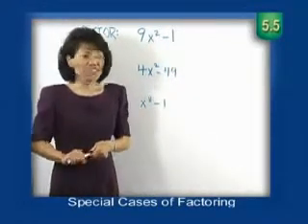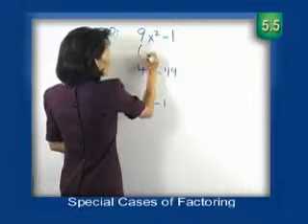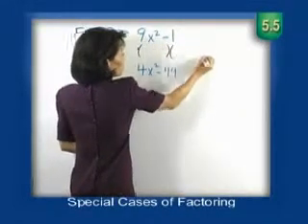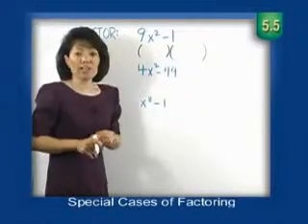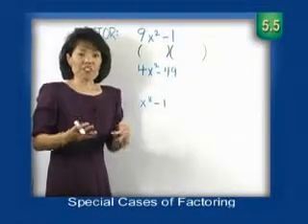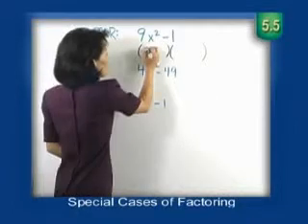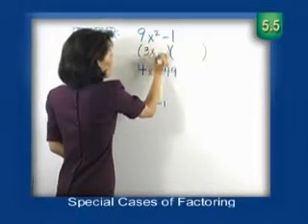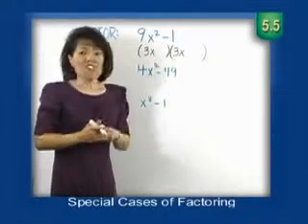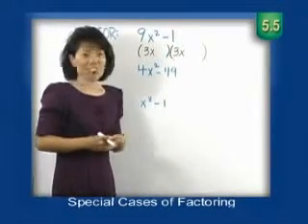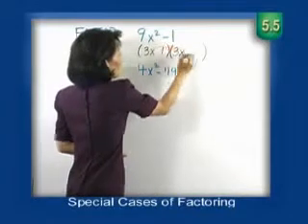Once you identify this, then it's so easy to factor. Put down your 2 sets of parentheses as usual. This one, remember, is 9x squared, which is a factor of 3x times itself. So what goes in our parentheses? 3x and 3x. We know here that that 1 is 1 times 1. So what goes in here? 1 and 1.